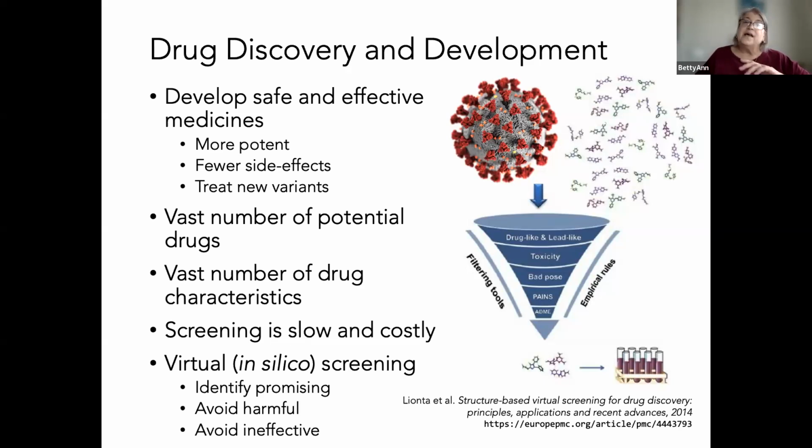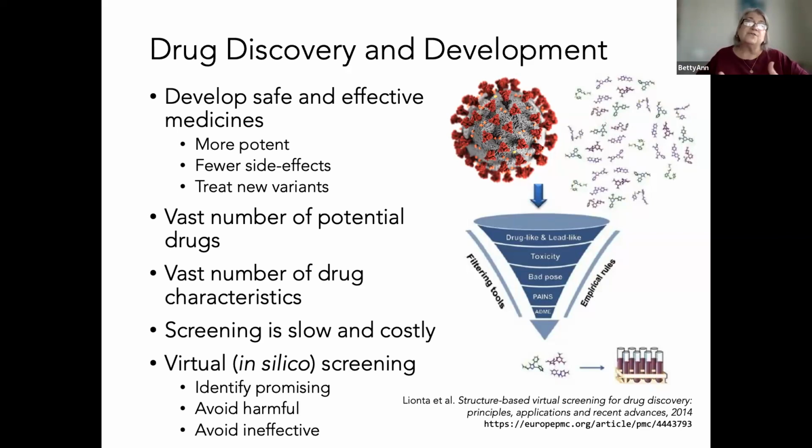Not that my models are going to discover a new drug. Instead, because there's such a large number of potential drugs, we were trying to narrow that down so that our chemists and our druggists didn't have to waste time on drugs that we knew were going to be a complete failure.